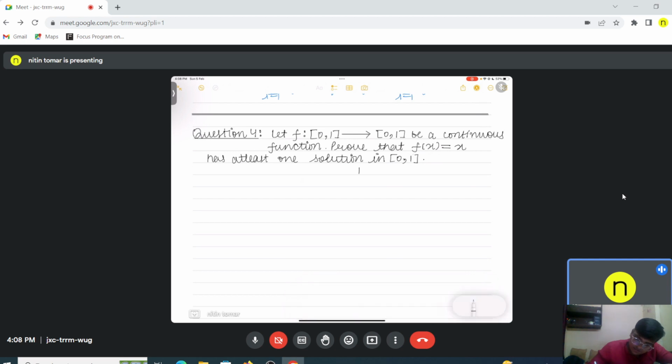And this result is called the fixed point theorem. It has general structure also, but that will be too advanced for right now. So this is called a version of the fixed point theorem, rather, not the fixed point theorem.